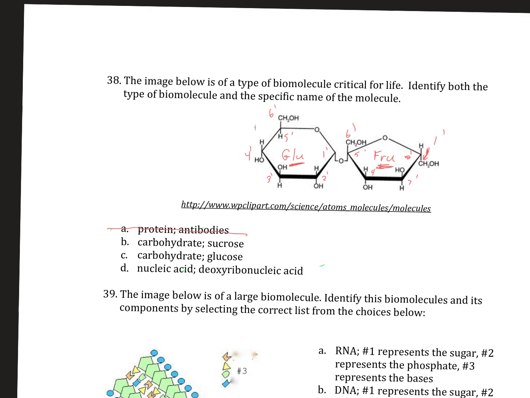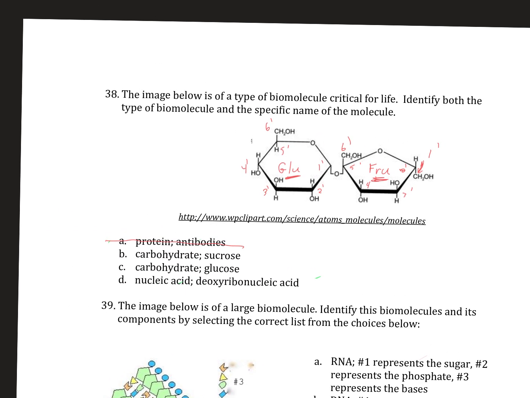That means it can't be a protein. So that's out. Could it be a nucleic acid? No. Why not? Exactly right. Good. It also has nitrogen and this doesn't have it. So it's one of these two.